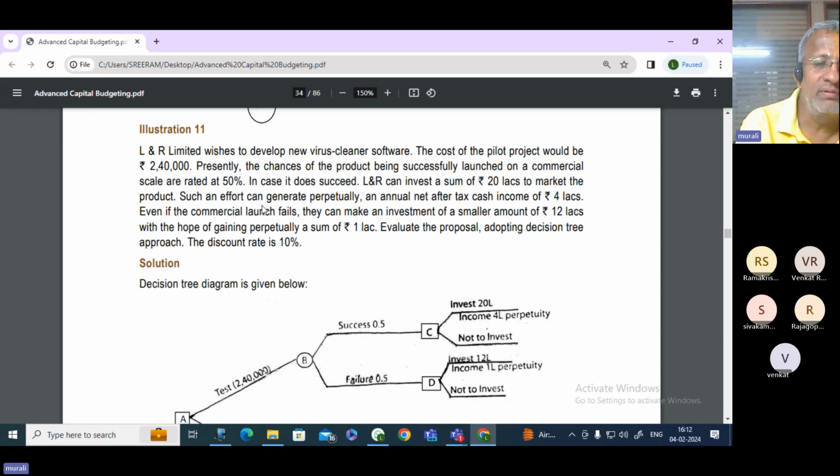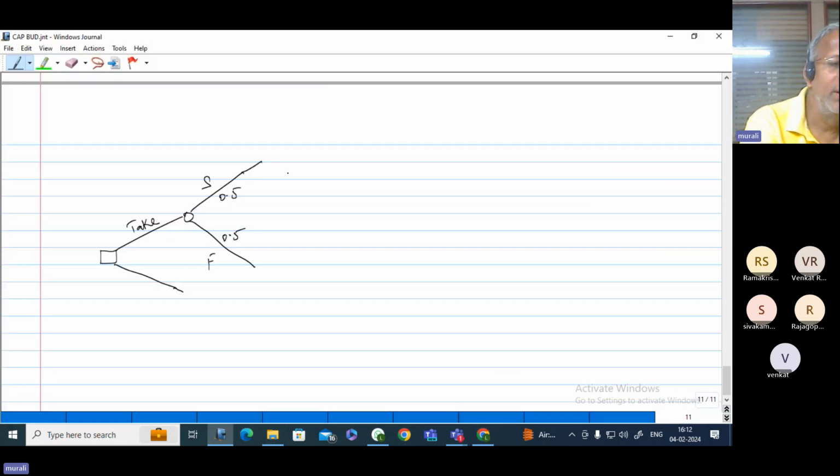Having taken up that it is successful, at this point success would mean once again you take a decision whether to invest or not invest. Similarly, when it is failure also, you can invest or not invest. When you are investing, there is going to be a cash flow.